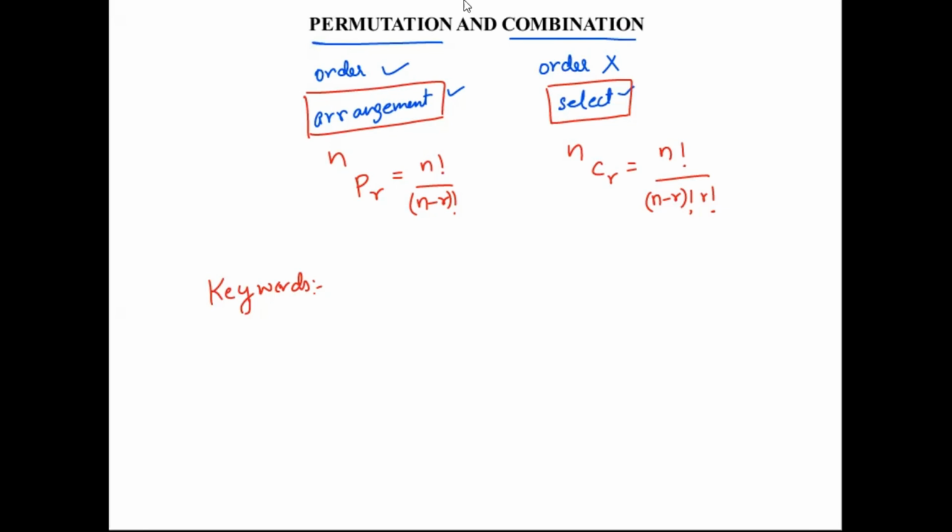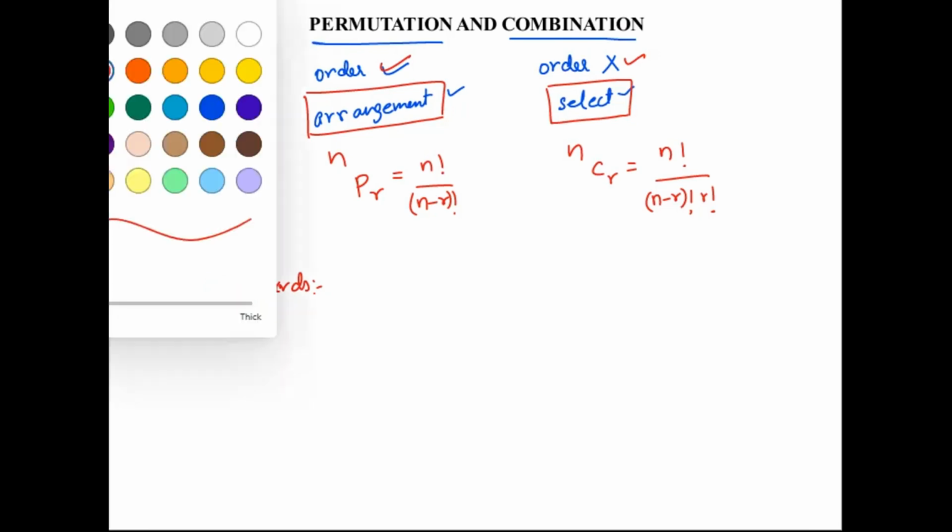If order matters, the question is on permutation, and if the order does not matter, the question is on combination. Now today we are going to talk about when you're not able to guess just by reading the question whether it belongs to permutation or combination.